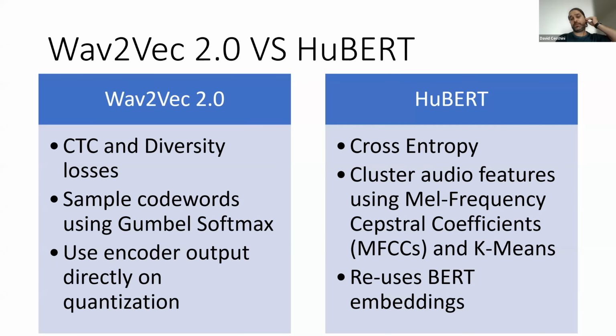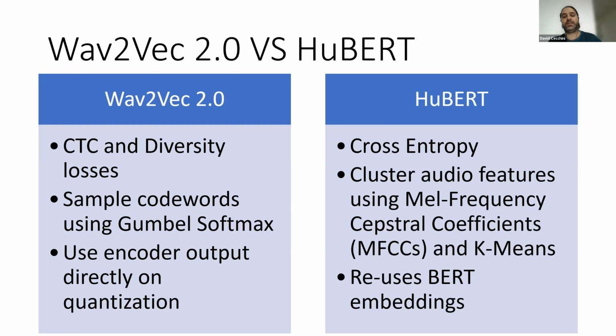So basically, Wave2Vec uses CTC and diversity losses to account for the sequence of the sentence, and to give extra points for diversity.